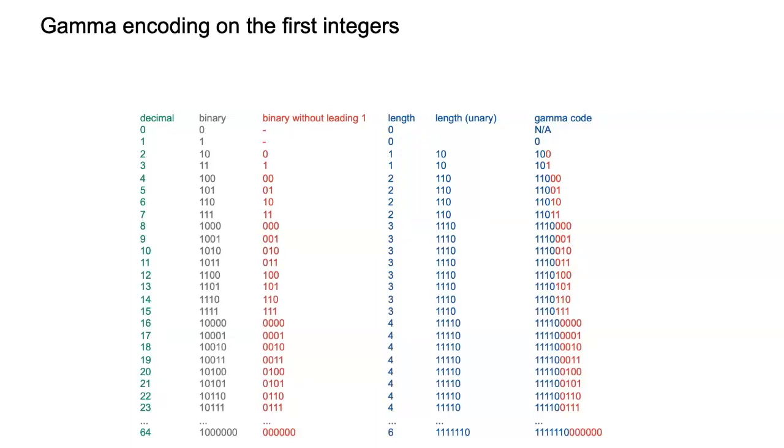And you see that it keeps growing. Do you notice that the length of the gamma code is always odd? Who sees that? Right? Because there's the 0 in the middle, and then plus 2n, so as many bits on the left and on the right. So if I give you an encoding that has an even number of bits, you can already say that's not a gamma code. Cannot be.